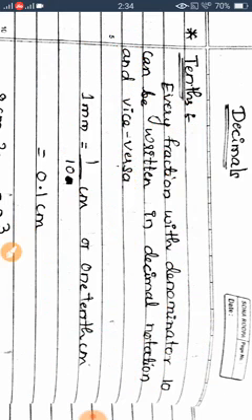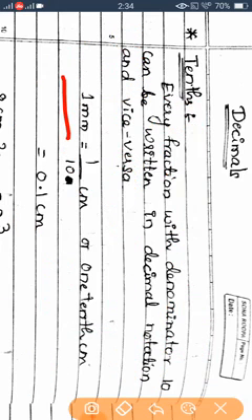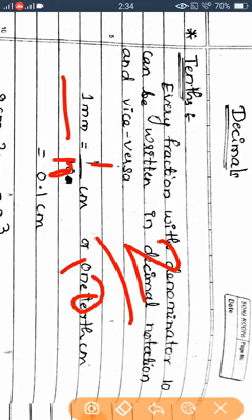So if I need only 1 millimeter, 10 millimeter is 1 centimeter, so 1 millimeter is 1 divided by 10, because we are transferring the 10 to the RHS. That's why 1 millimeter is equal to 1 by 10 centimeter, or 1/10. If it is 2 by 10, 2/10.